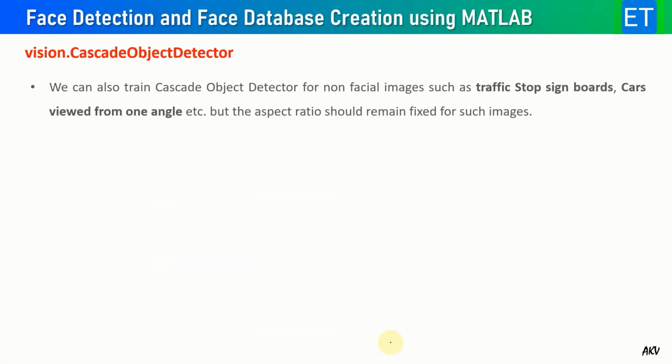And this cascade object classifier or detector can also be trained for non-facial images, such as traffic stop signboards you can identify in the images. Even you can identify the cars which are viewed from a particular angle. But the primary requirement is that the aspect ratio should remain fixed for such images for better results.